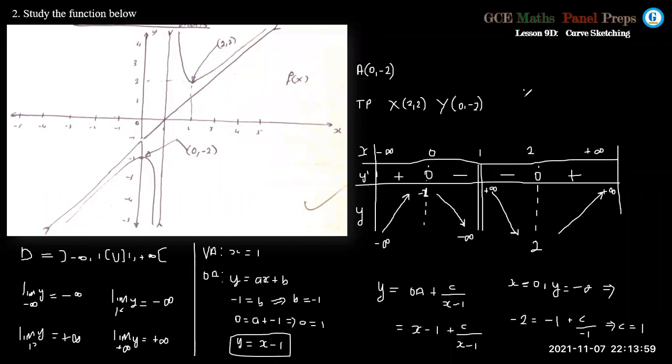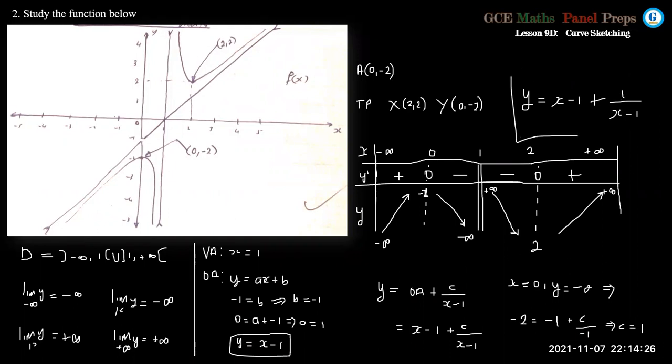So therefore, we graph the function x minus 1 plus c over x minus 1. But my c now is equal to 1, so I'm going to replace it with 1.